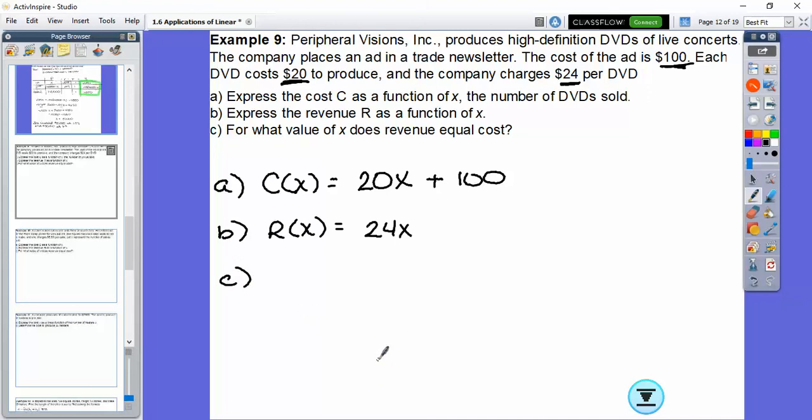Part C, for what value of x does revenue equal cost? So I'm asking, this is sometimes called a break-even point. I want to know when the revenue is equal to the cost.